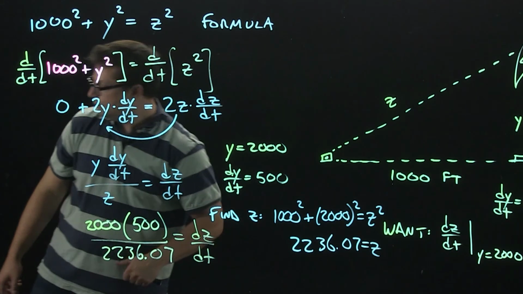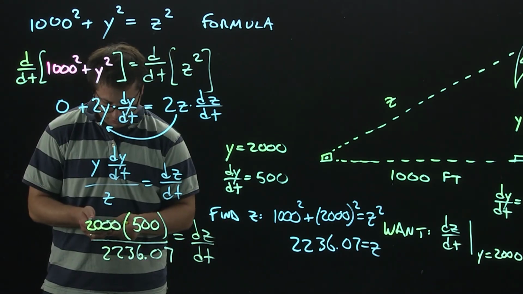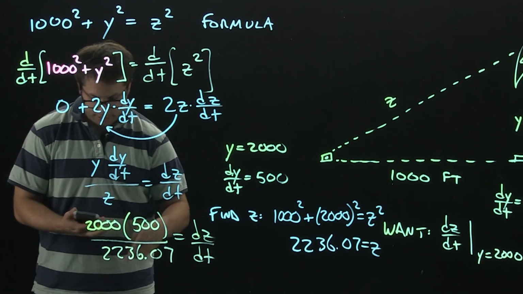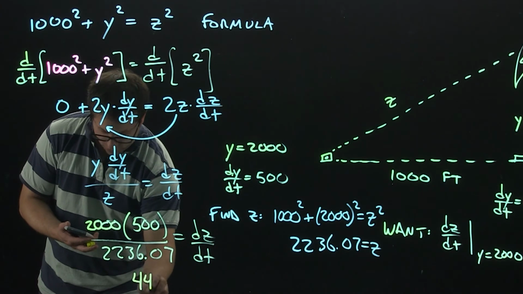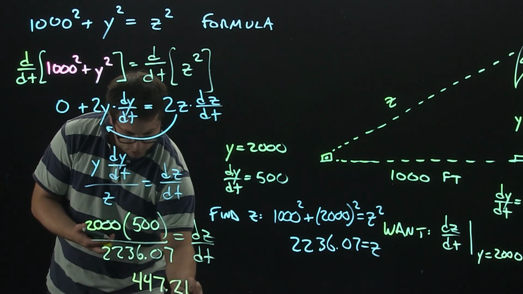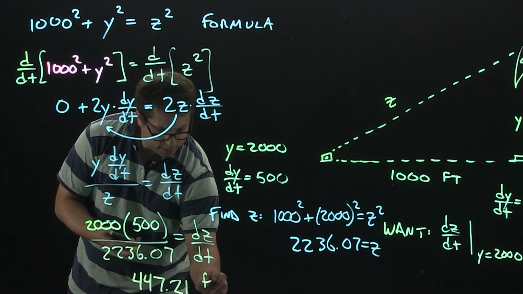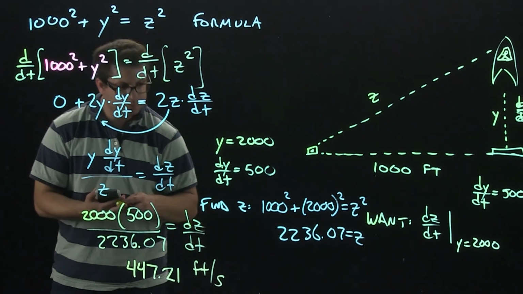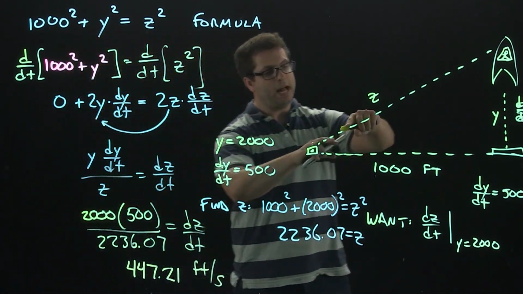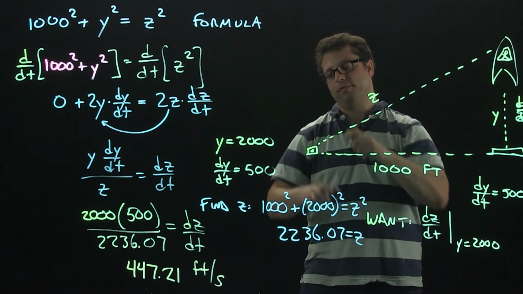Let me grab a calculator. 2,000 times 500 divided by 2236.07, and we get 447.21 feet per second. So that answer is how fast the rocket is moving away from the camera.